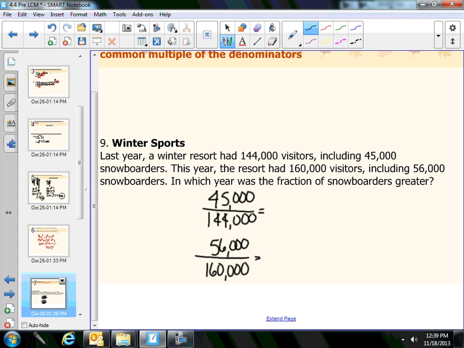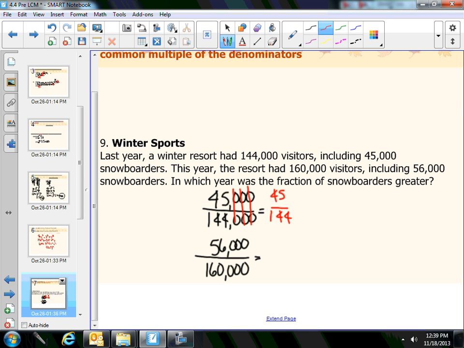Now, we are going to reduce these fractions, and you can reduce them by dividing the numerator and the denominator by the same number. So in last year's total, we can already divide the numerator and denominator by 1,000. When we do that, we have 45 over 144, which is a fraction reduced.